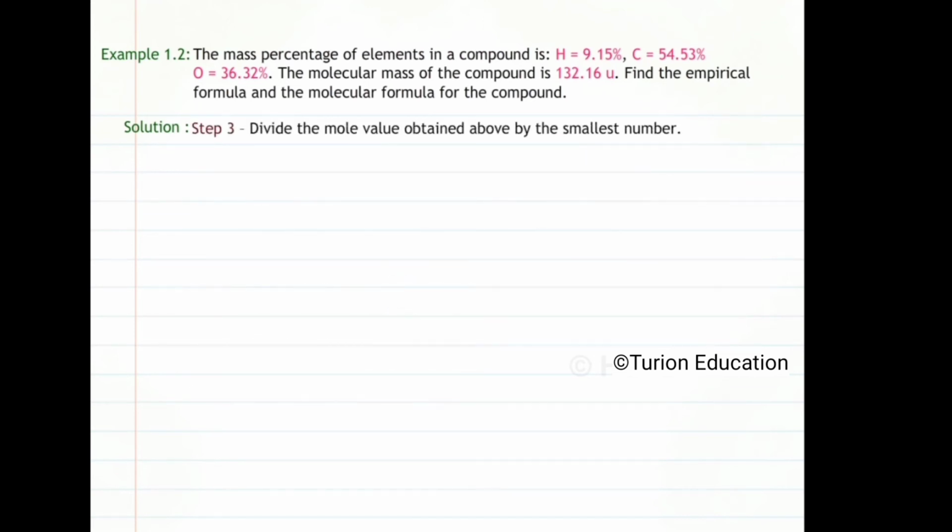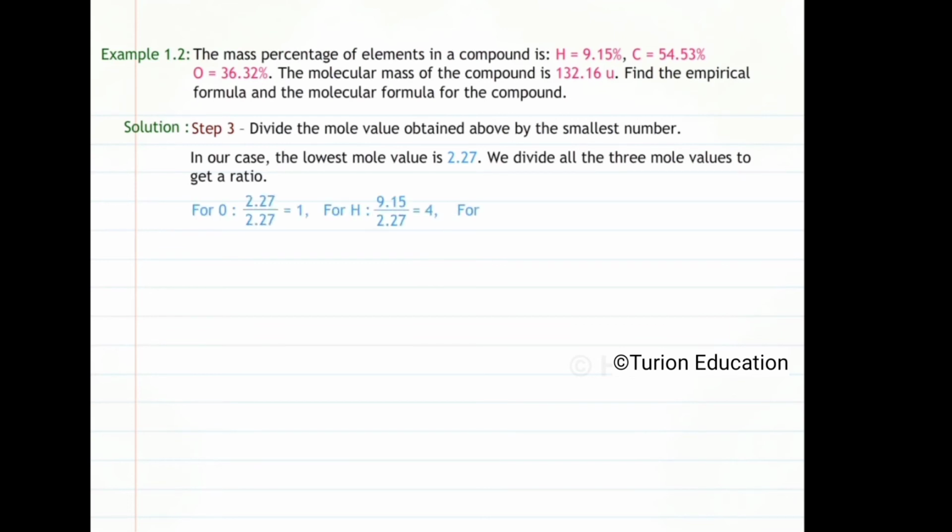Step 3. Divide the mole value obtained above by the smallest number. In our case, the lowest mole value is 2.27. We divide all the three mole values to get a ratio. For O, 2.27 by 2.27 equals 1. For H, 9.08 by 2.27 equals 4. For C, 4.54 by 2.27 equals 2.